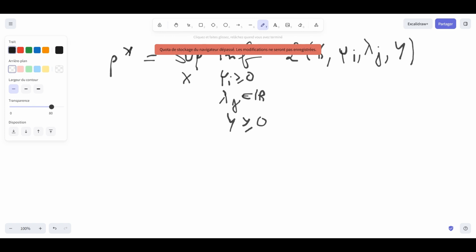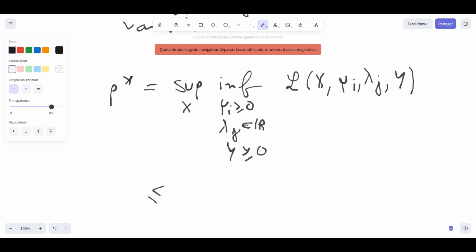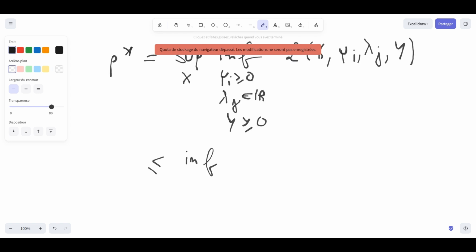So yeah, rearranging the terms, the sup of inf is inferior to the inf of sup. How to explain it to you? The sup of the inf is always inferior to the inf of the sup. It's easy to understand normally, it's intuitive.